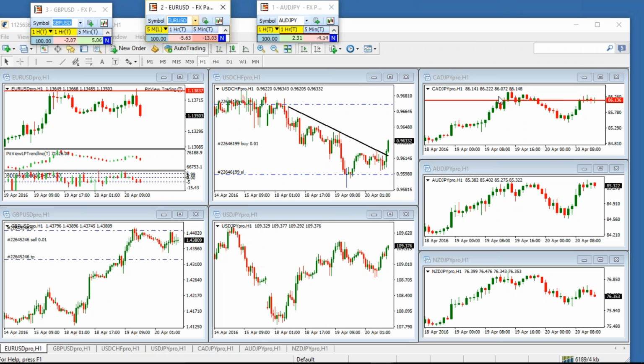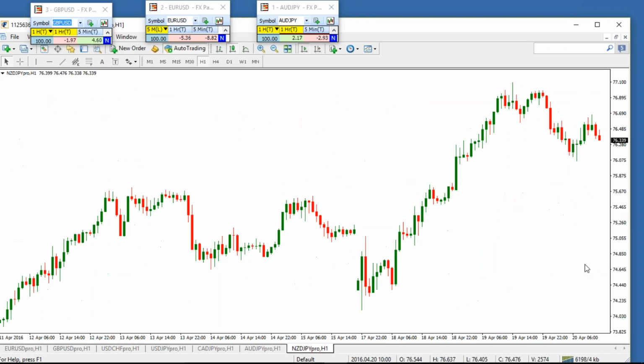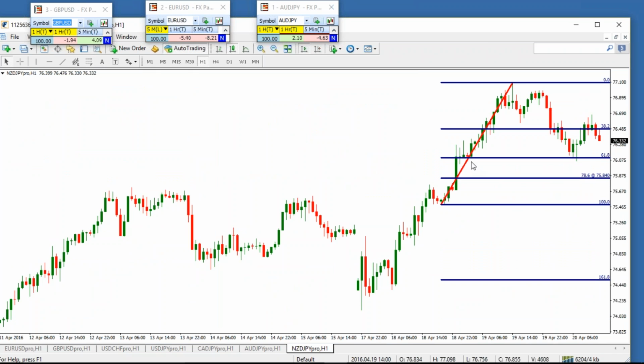One thing I forgot to add is, if we see any type of retracements back to the downside, whether it be Cad Yen, Aussie Yen, or New Zealand Yen, New Zealand's kind of interesting when you look at it. This is where the breakout occurred here, and this was a nice little swing low.